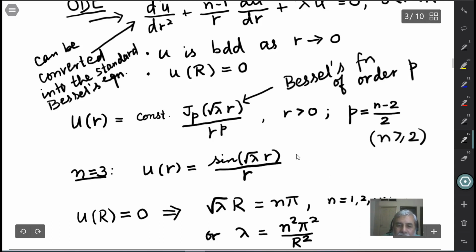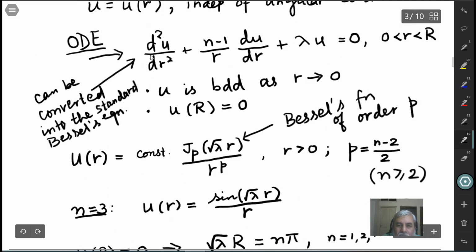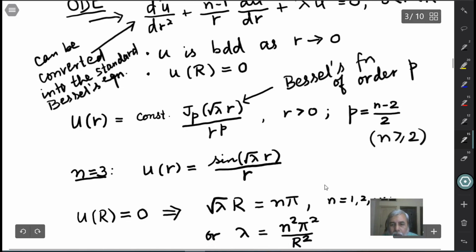So we can directly verify that this u(r) satisfies this ODE when n equal to 3. So that means here it is 2 by r. So by direct differentiation, we can do that. Okay, so it remains bounded as r tends to 0. And what about this boundary condition?